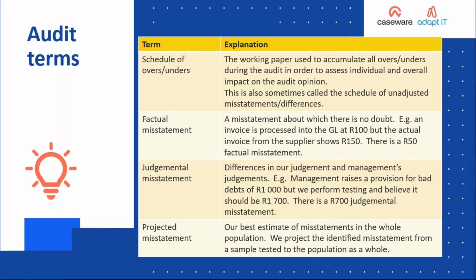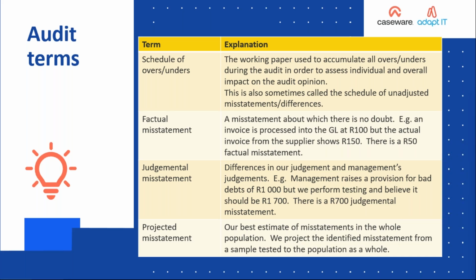Some more audit terms. We've got the schedule of overs and unders. This schedule relates to the working paper which is used to accumulate all the over or under misstatements that you came across during the audit, in order for you to assess those individual overs and unders and the overall impact on your audit opinion.